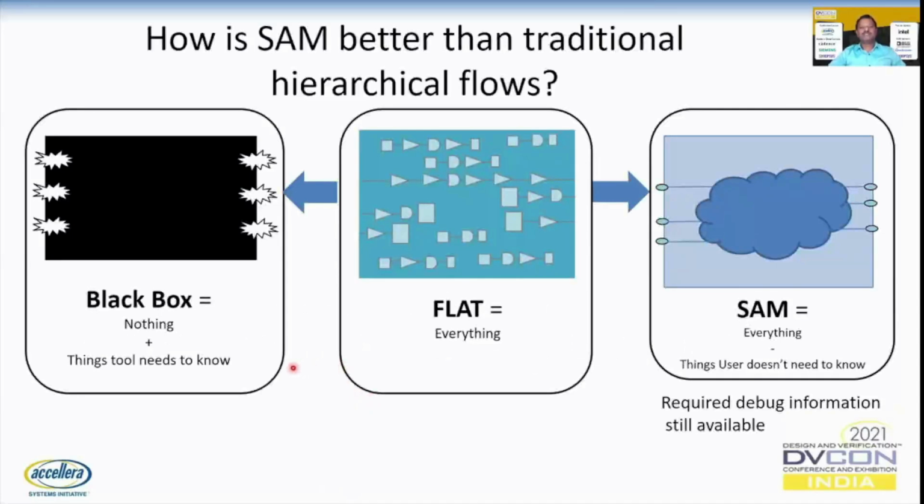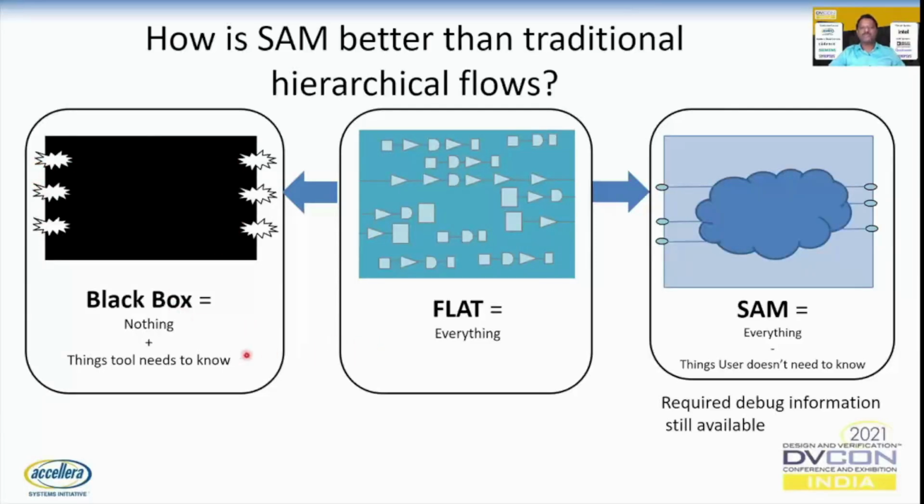Okay, in the earlier slide, we have already gone through known limitations with traditional approaches. Let's understand how SAM flow is better than the traditional flows. We know a flat run causes huge run times. Black box does not ensure QR. Also, the ILM-based flow supports limited visibility around the interfaces.